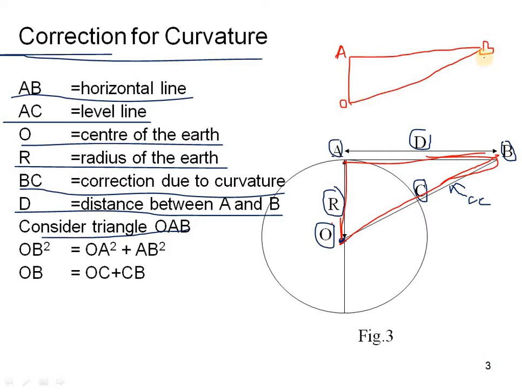Here write OB square is equal to OA square plus AB square. So that means OB square is equal to OA square plus AB square.